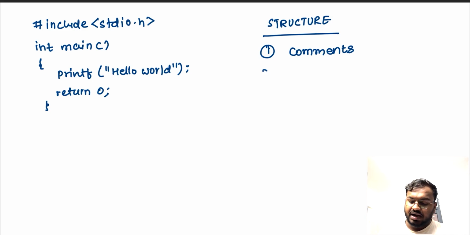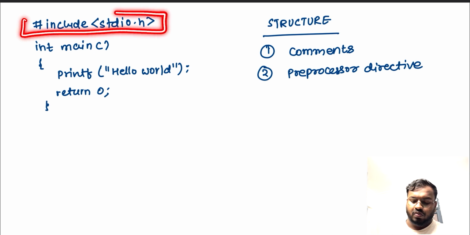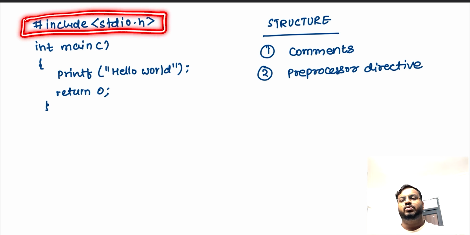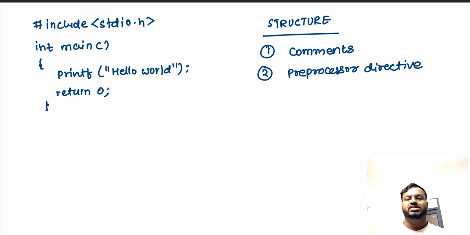Then after that we have the preprocessor directive. This part. What is this? This is a preprocessor directive, and it is pre-processed before compilation. As the name suggests, preprocessor directives are processed before the compilation.